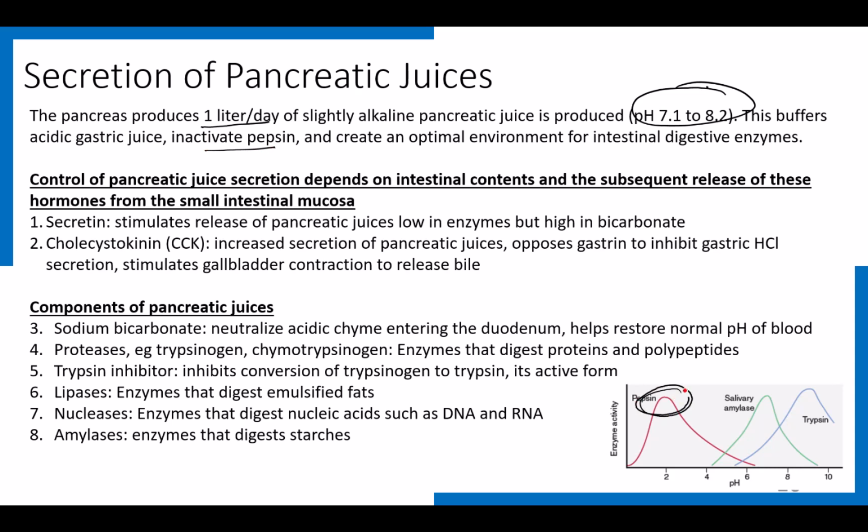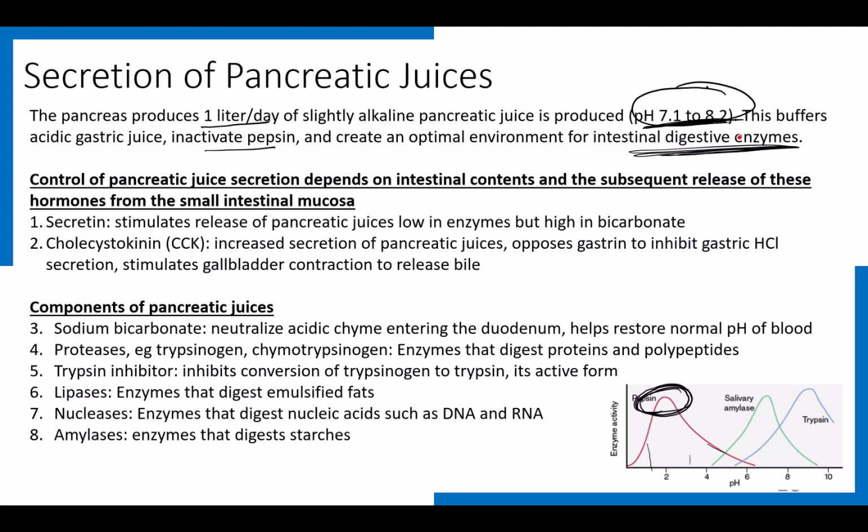Remember, pepsin is an enzyme released into the stomach that digests proteins, only active at very low pH. And so when the pH becomes higher, it becomes inactivated, right? And this pH is optimum for the final digestion that occurs in the small intestine, right?